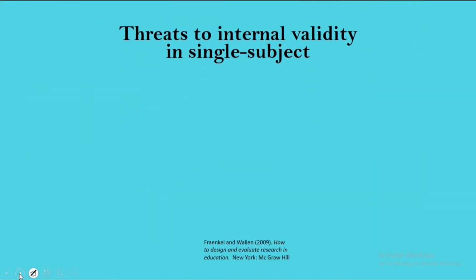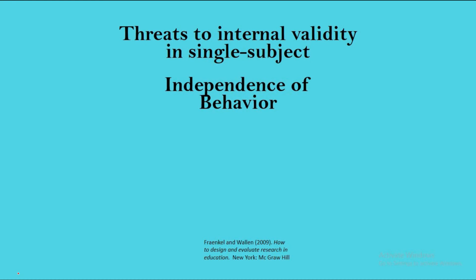Another threat also to internal validity is on independence of behavior. What do we mean by independence of behavior? So this particular type is very much applicable when the type of single subject design that is being applied is actually on multiple baseline studies.